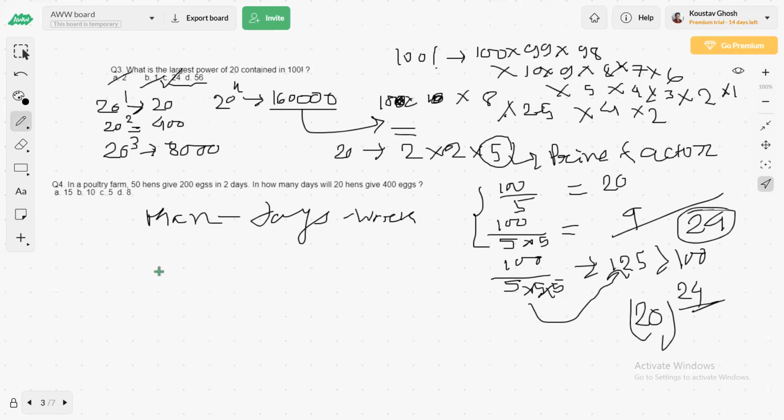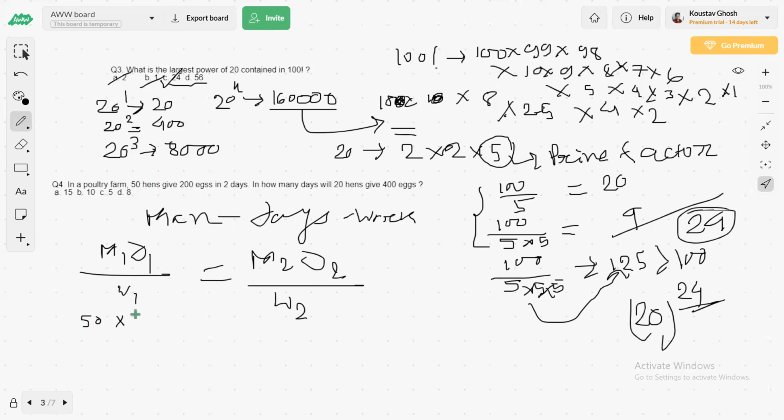What is the relationship between the two cases? M1 D1 by W1 equals M2 D2 by W2. Here M1 is 50, days is 2, and work is 200. Now come to the second case.